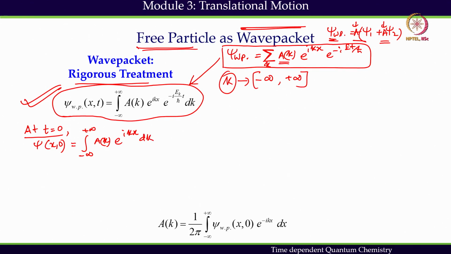If I multiply, I am moving forward to find the analytical solution to this wave packet. So, I will multiply both sides by e to the power minus I k dash x.